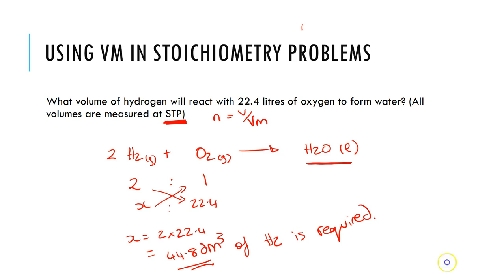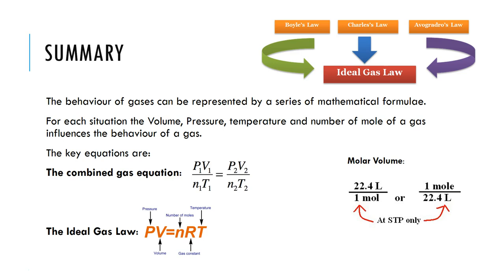Okay, so just a quick summary of where we are with all the new equations and everything that we've done. We've defined an ideal gas as a gas that obeys Boyle's law, Charles' law, Avogadro's law, and the 5 assumptions of ideal gas behavior. From that, we got our ideal gas law, which is PV equals nRT, and our combined gas law equation, P1V1 over n1T1 is equal to P2V2 over n2T2.